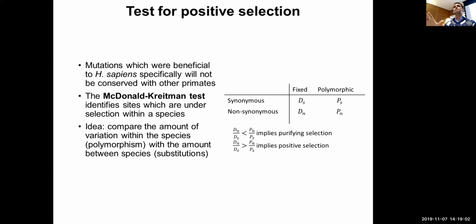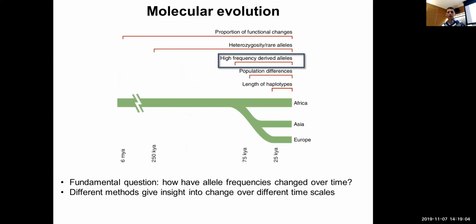Is everybody with me? Great. So that's one test. That's basically looking at the proportion of functional changes, this amino acid versus synonymous site, and then the ratio of that to between the fixed and the polymorphic sites. You can also look at the frequency of derived alleles.